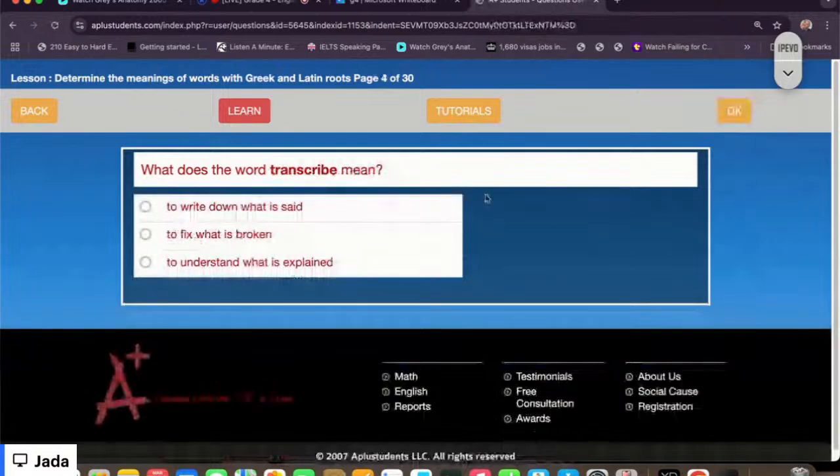So, what does the word transcribe mean? To write down what is said, to fix what is broken, to understand what is explained. What do you think is the right answer here?